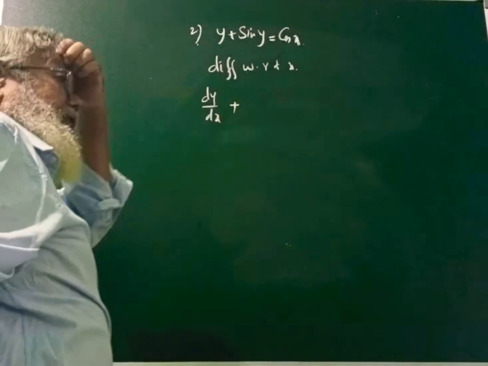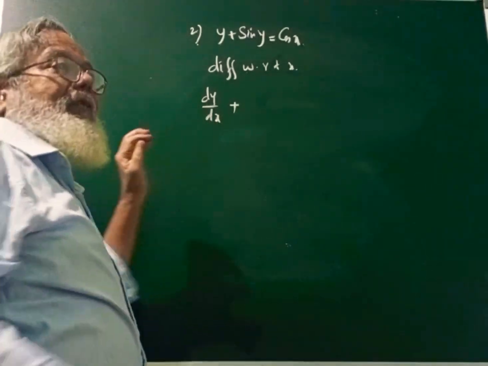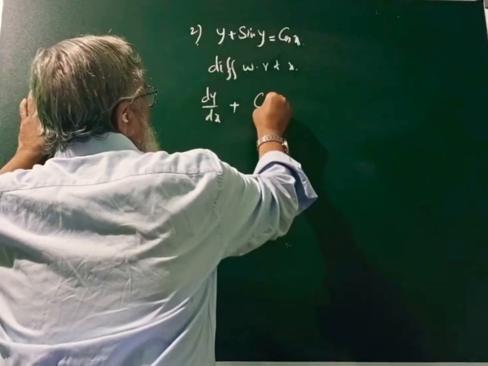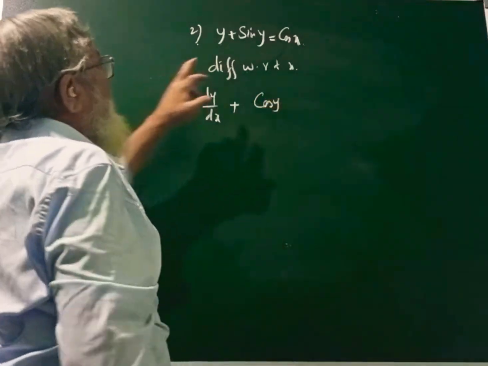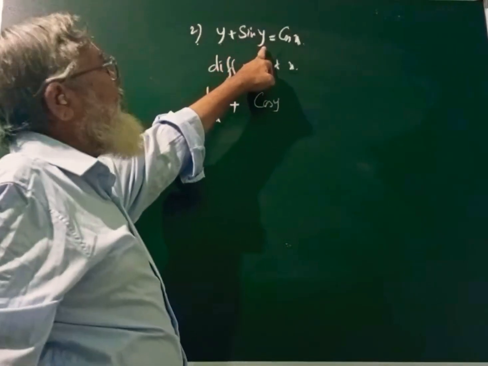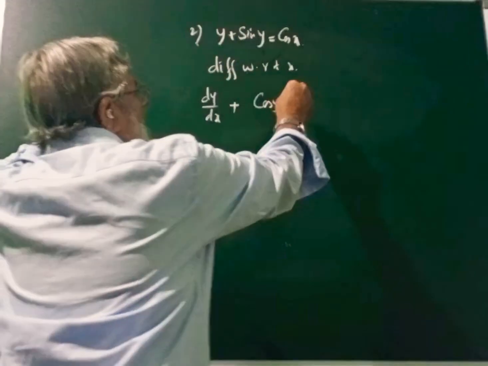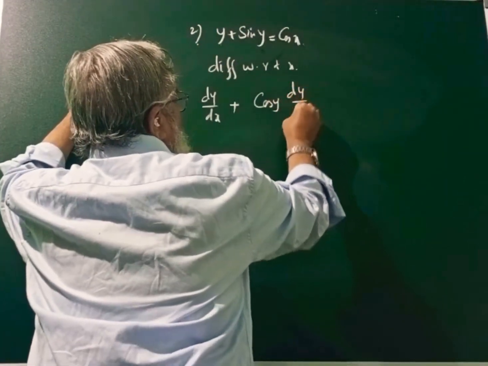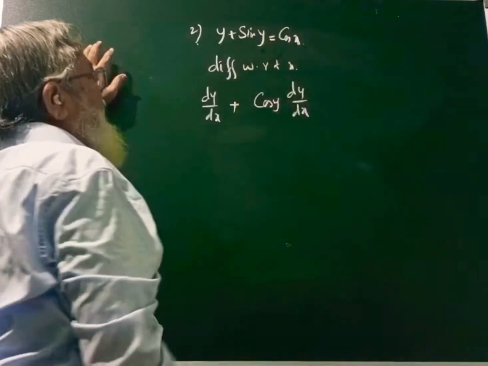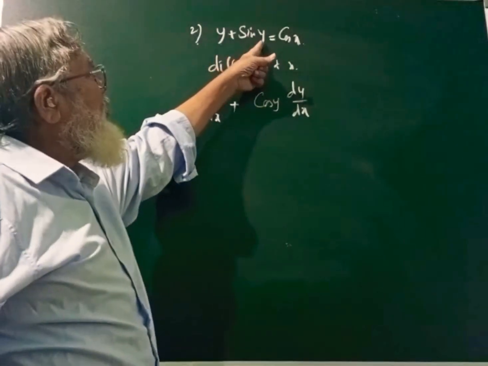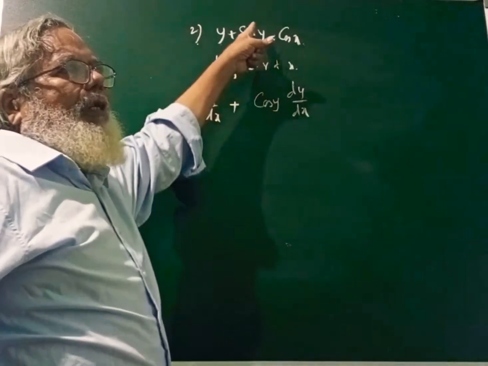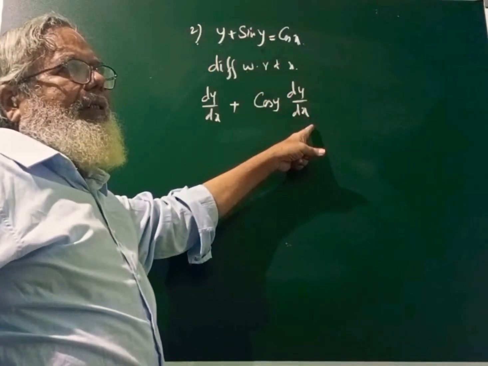Now, differentiation of sin y is cos y, and then, since this sin is over, differentiation of this y with respect to x is given by dy by dx. See carefully here: differentiation of sin y is cos y, and differentiation of y is dy by dx.